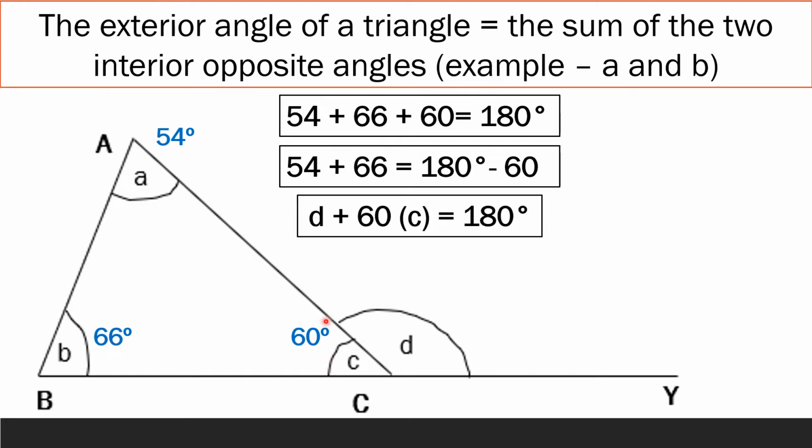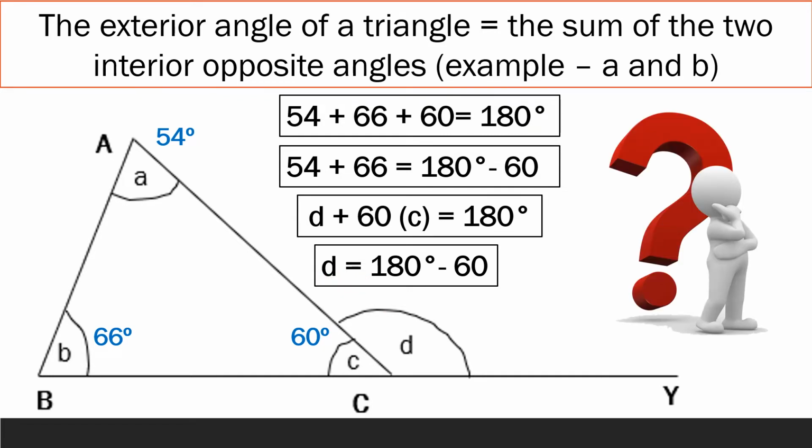So D plus 60, which is C, is equals to 180 degrees because they're both aligned on a straight line. So to find out what is D, we will need to do the reverse operation, which is minus. So 180 degrees minus 60 degrees is equals to D, which is 120 degrees.